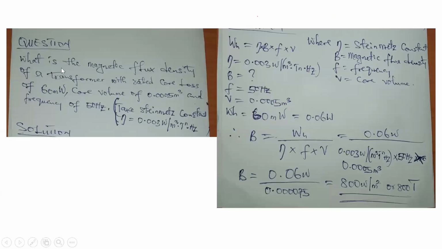Another question is, what is the magnetic flux density of a transformer with rated core loss of 60 milliwatts, core volume of 0.005 cubic meters, and frequency of 50 Hz? Take the Steinmetz constant to be 0.003. So we fix this, stating our equation.